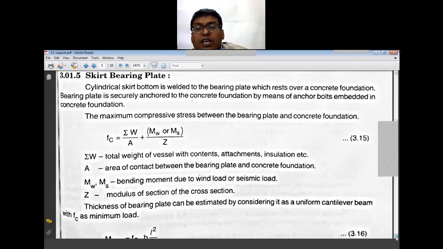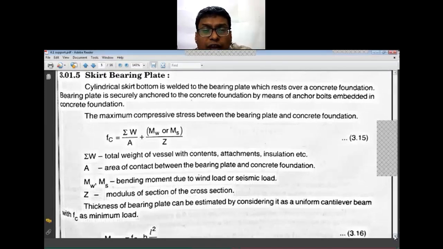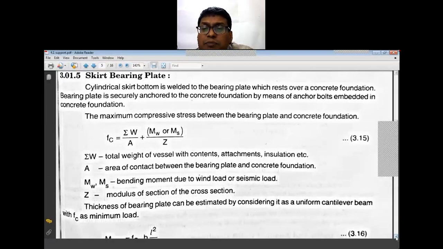Whatever the total weight acting, the maximum of that will be for the compressive stresses. So the maximum compressive stress is between the bearing plate and the concrete foundation. As the vessel tends to overturn, on this side compressive stresses will act because of the dead weight. Here the dead weight is acting, plus from this side the wind force is also acting. So it is the compressive stress that is maximum and has to be taken into account.